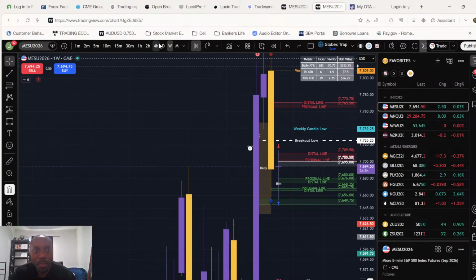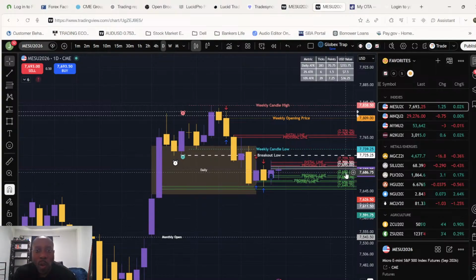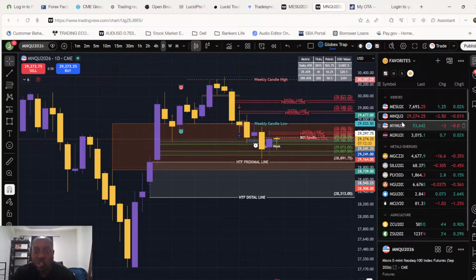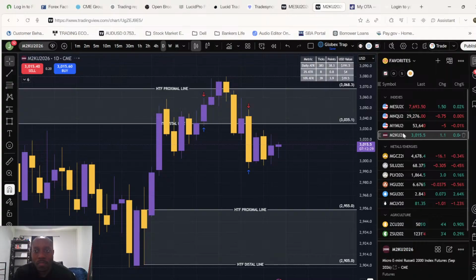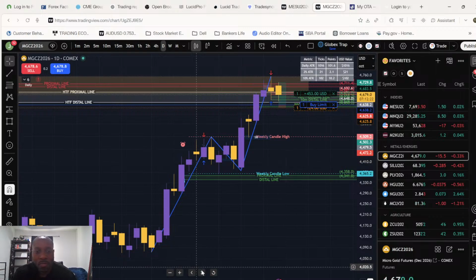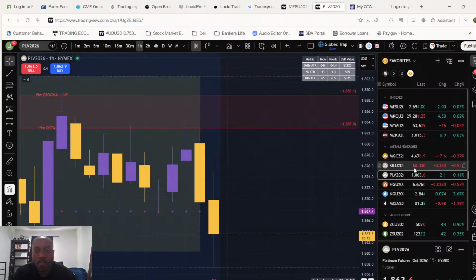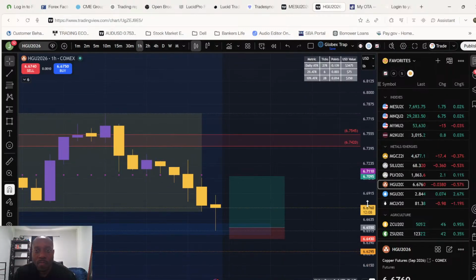Look at this weekly doji. Market don't know what it wants to do this week. Ooh.